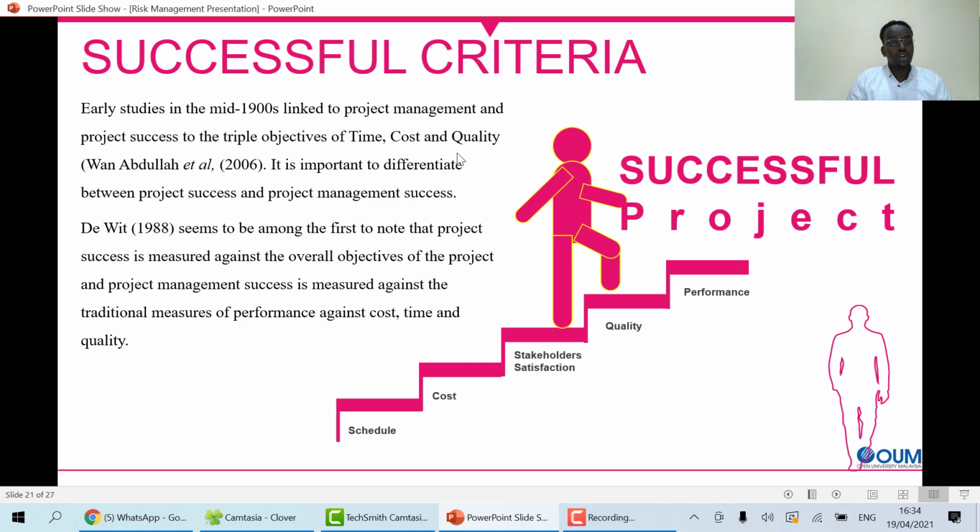DeWitt suggested, among the first to note, that project success is measured against the overall objectives of the project, and project management success is measured against the traditional measures of performance: cost, time, and quality. Success criteria of the project are schedule, cost, stakeholder satisfaction, quality, and performance.